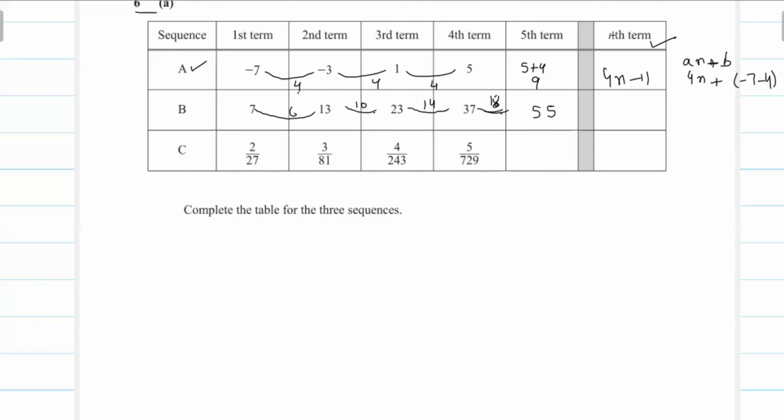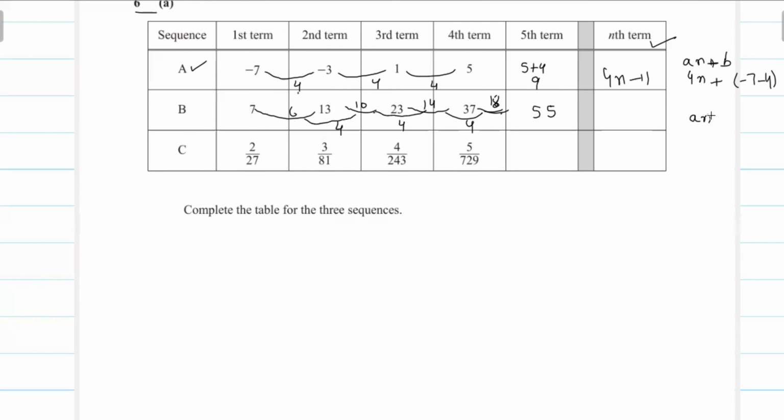Next, we have to calculate the nth term. You see here this sequence is not a linear sequence. We check the next difference. You see here the next difference is 10 minus 6 is 4. 14 minus 10 is also 4, and next is also 4. Therefore, this is a quadratic sequence.